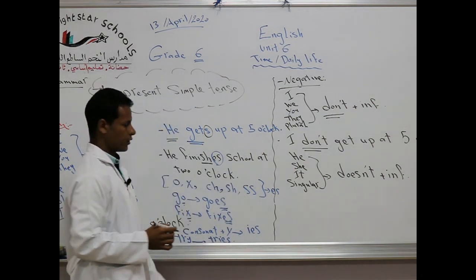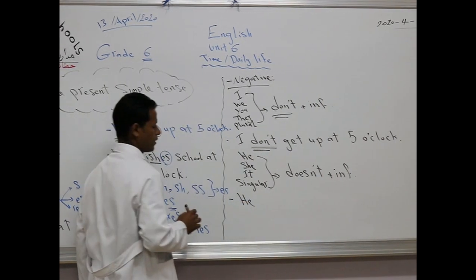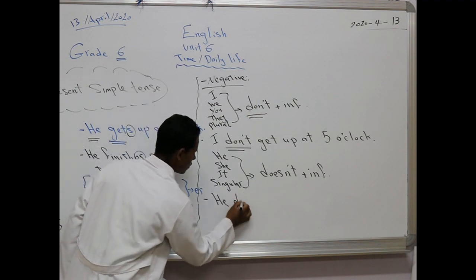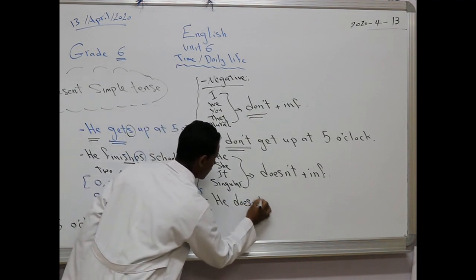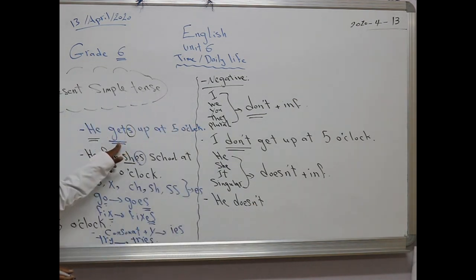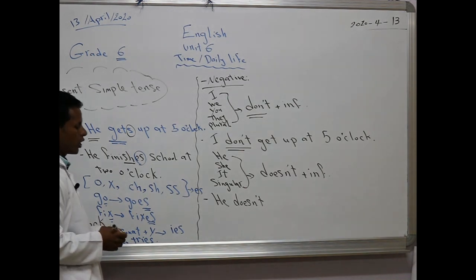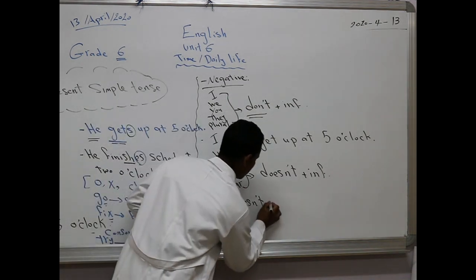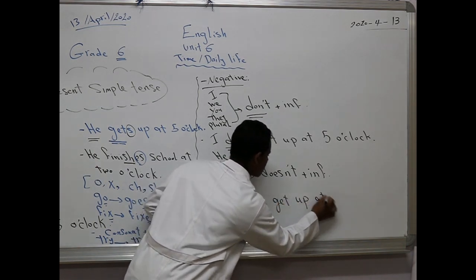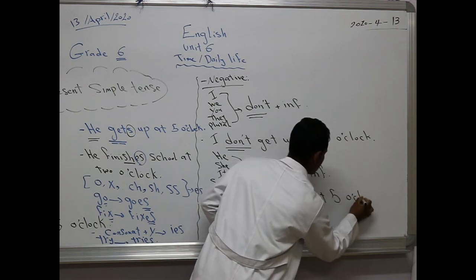To make a negative, we use the subject he, which is singular, so we use doesn't or does not, and the verb gets, we remove the letter s because it's an addition, and put the infinitive: he doesn't get up at 5 o'clock.